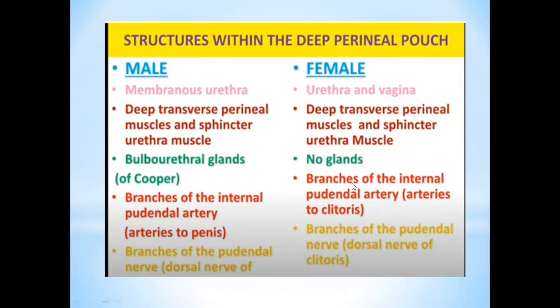We have branches of the internal pudendal artery, that is the artery to the clitoris, and the dorsal nerve of the clitoris. The arteries and nerves are similar in both superficial and deep perineal pouches.